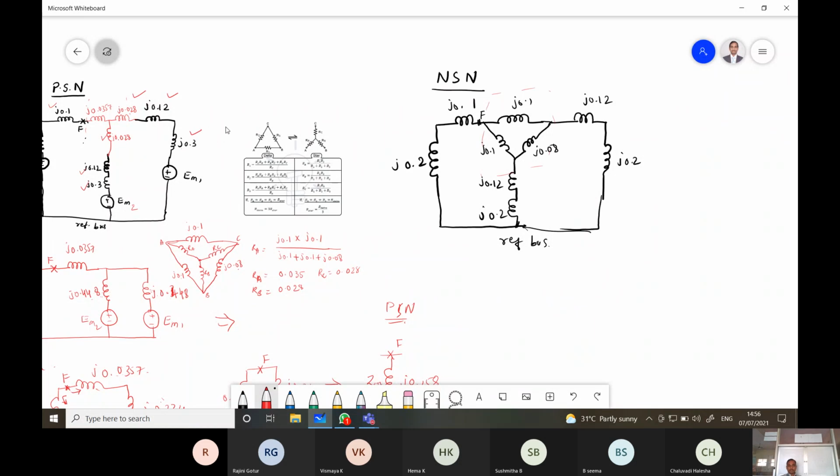Same as how we reduced the network in the positive sequence network, same for the negative sequence network. We got the same circuit. For simplifying the circuit, convert delta into star. So 0.1 into 0.1 divided by 0.1 plus 0.1 plus 0.08. The next one is 0.1 into 0.08 divided by 0.1 plus 0.08 plus 0.1. And the third one is also the same.